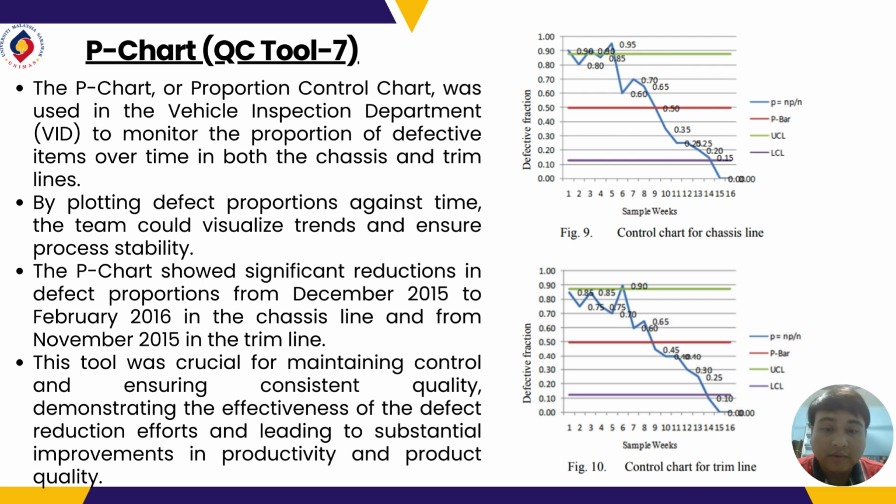The picture shows a significant reduction in defect proportion from December 2015 to February 2016 in the chassis line, and from November 2015 in the trim line. This tool was crucial for maintaining control and ensuring consistent quality, demonstrating the effectiveness of the defect reduction efforts and leading to a substantial improvement in productivity and product quality. As you can see from the right side, it shows the difference between the chassis line and trim line.